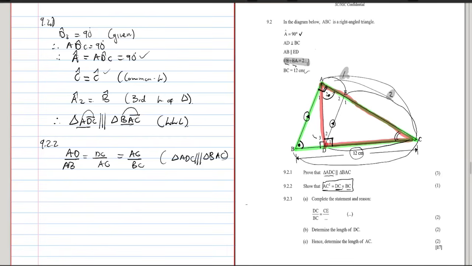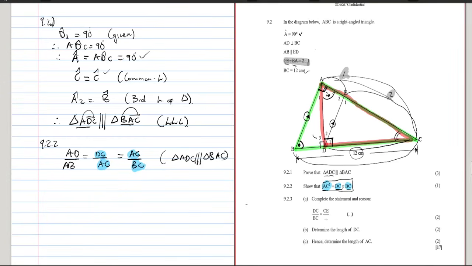Okay, so out of the three ratios, we need to pick two that are going to allow us to calculate that AC squared equals DC times BC. There's DC, which is part of that equation. There's BC, also part of that equation. Then there's AC and AC.